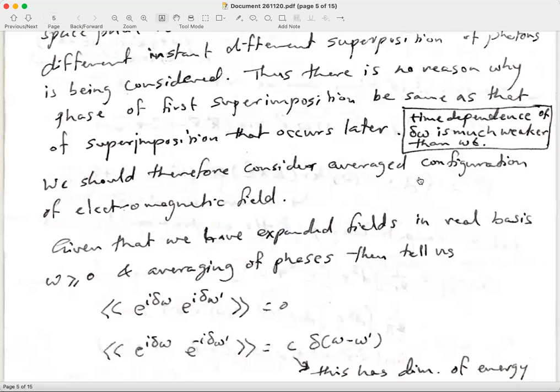The phases are not coherent, as compared to exposing the atom to, say, a laser light. The laser light is typically monochromatic, and they have the same phase. So if you expose atoms to laser light, then you should not be doing a study of incoherent radiation, but you should be studying coherent radiation.